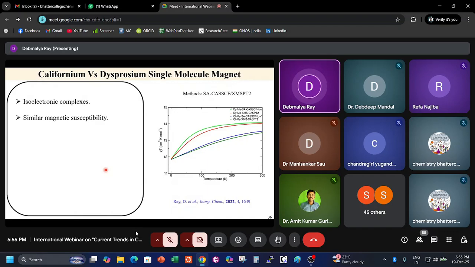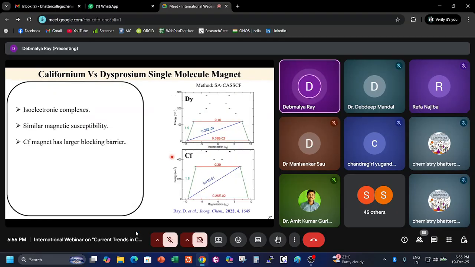What I found, using two different methods, CAS-SCF and CAS-PT2, which are multi-reference methods that people use for strongly correlated systems, is that both dysprosium and californium magnets have very similar magnetic susceptibility. It's in the 11.5 to 11.9 range at around 0 Kelvin. That means that in terms of magnetic susceptibility, dysprosium and californium are comparable.